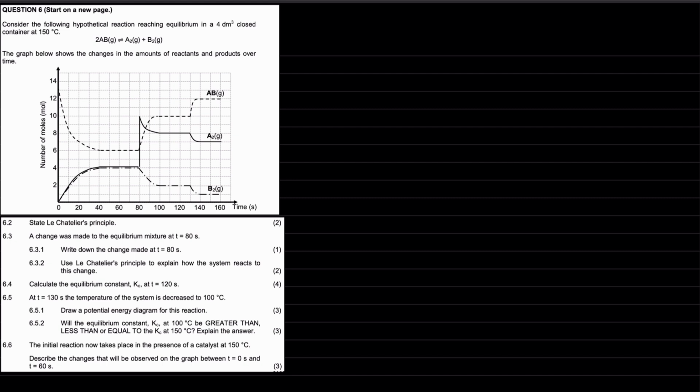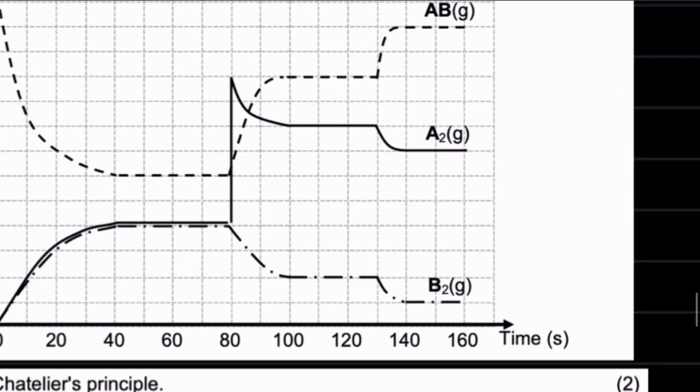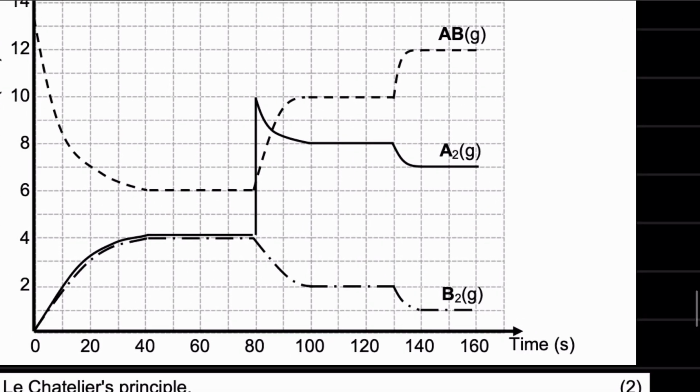We'll jump to question 6.3. A change was made to the equilibrium mixture at T equals 80 seconds. So T equals 80 seconds. Here, something changed. All right, now if I'm following these graphs, I can see that, okay, there's something here. So that was the change.